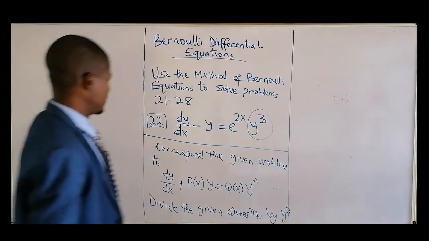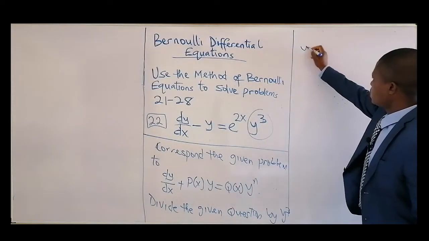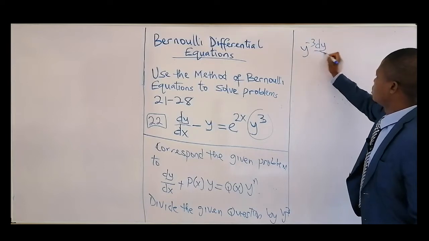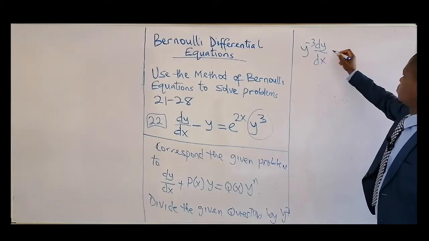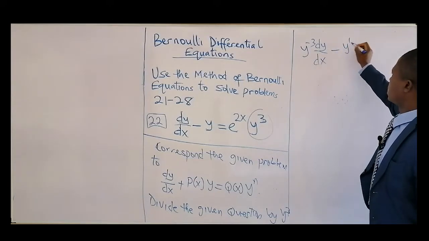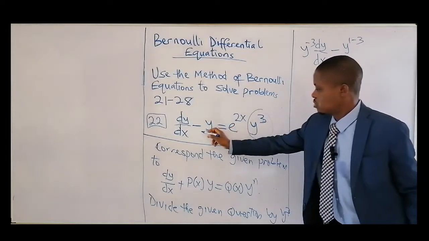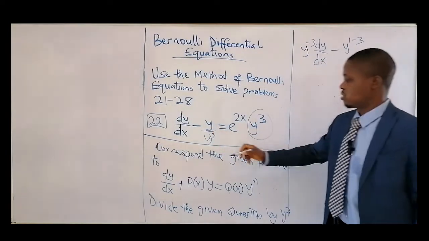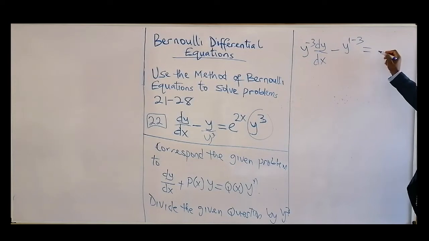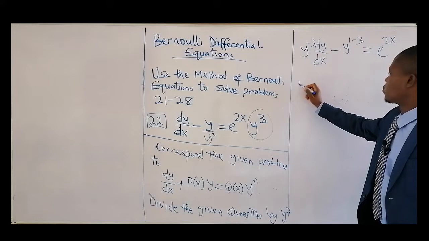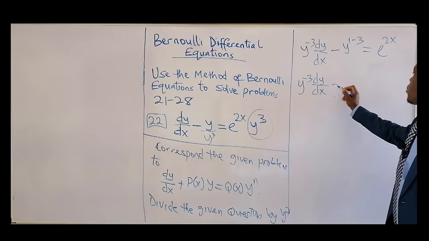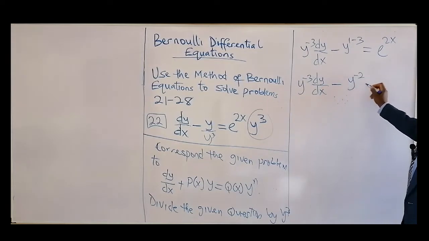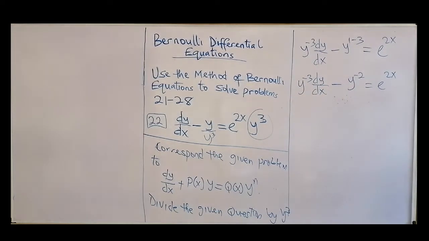Once we've done that, we have y^-3 dy/dx, followed by minus y^-3 over y^3, and then equal to what? e^2x. So we now have y^-3 dy/dx minus y^-2 equal to e^2x.